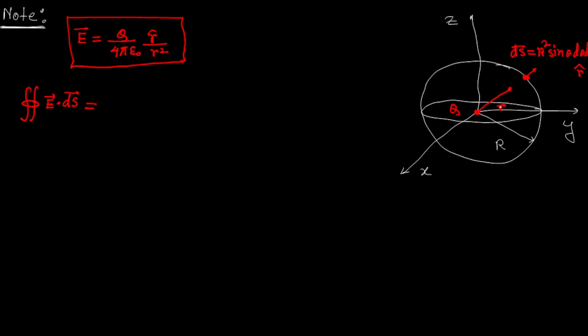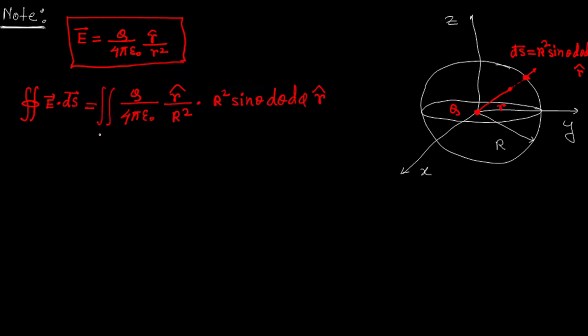Simply we have to replace the small r by capital R. When you extend this point from here to here, at this point the small r will be capital R. So the electric field on the surface will be q divided by 4 pi epsilon naught, r cap divided by capital R square, and then we have to multiply with this elementary area. This will be R square sine theta d theta d phi r cap. So r cap dot r cap will give you 1.